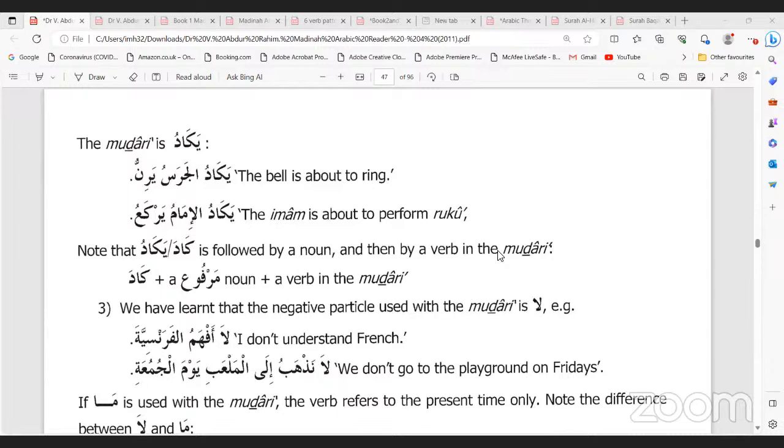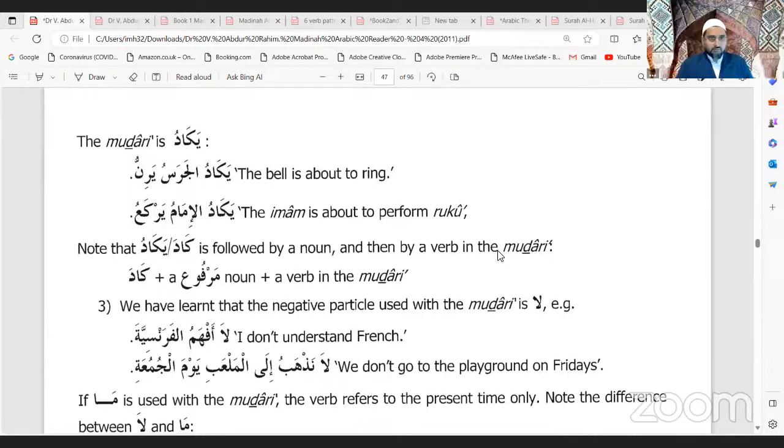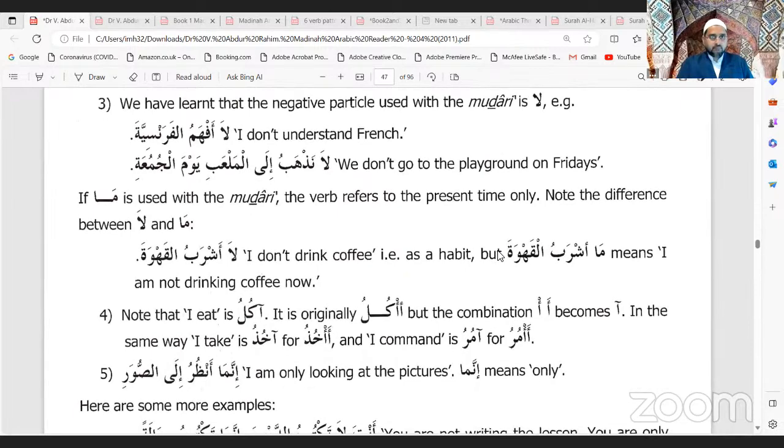Note that Kada Yakadu is followed by a noun and then by a verb in the Mudare marfu. Noun plus a verb in the Mudare. Excellent. So it will be Kada Yakadu plus the verb.